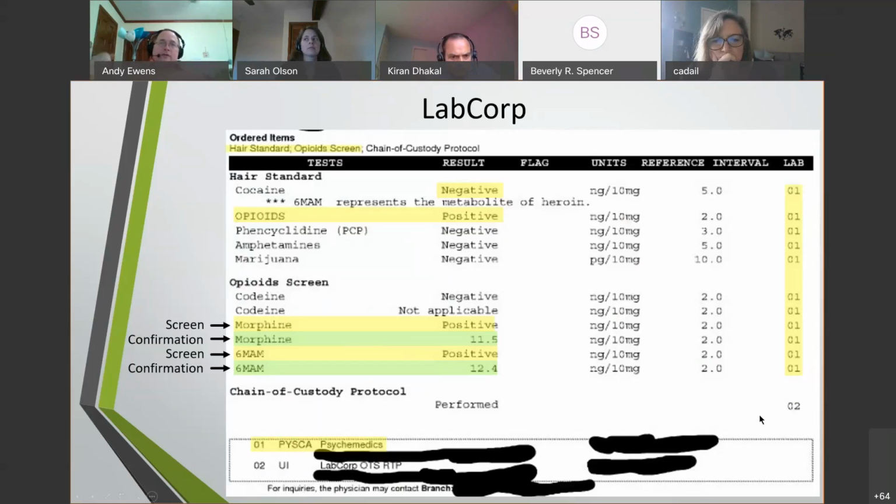They took the sample, they now have custody of it, and then they sent it to lab 1, which is Psychemedics. And Psychemedics actually did the testing, but they're reporting it as if it was LabCorp. And I think that's only for hair that LabCorp will contract out for Psychemedics.